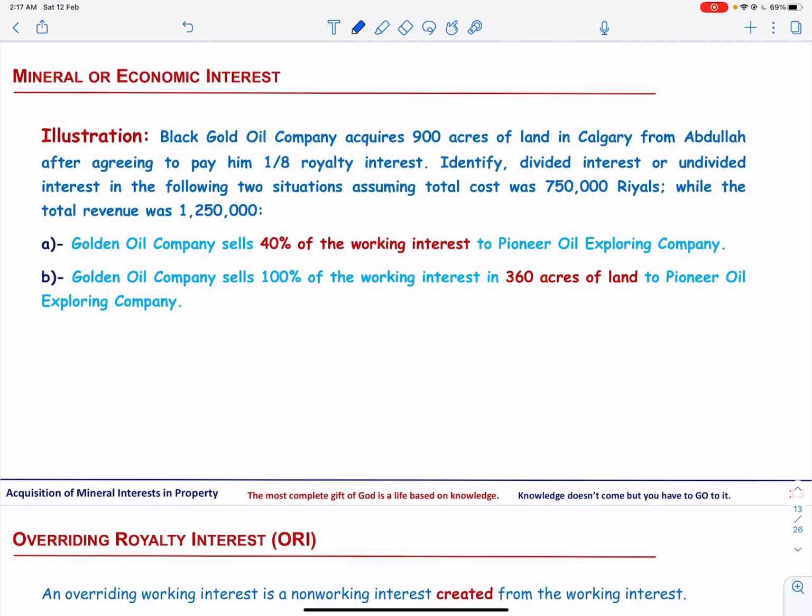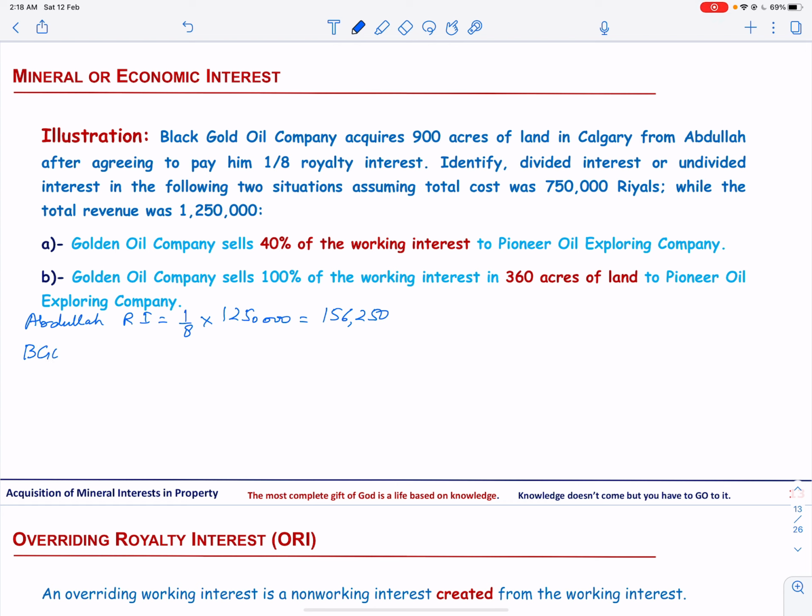Now, in this case, Abdullah the landowner, his royalty interest is 1/8 of 1,250,000. That will be equal to 156,250.